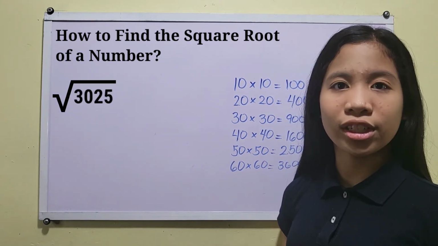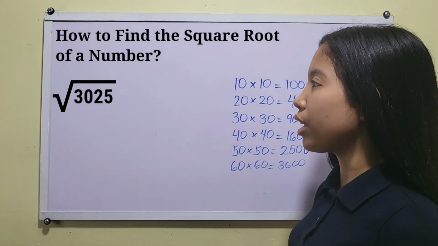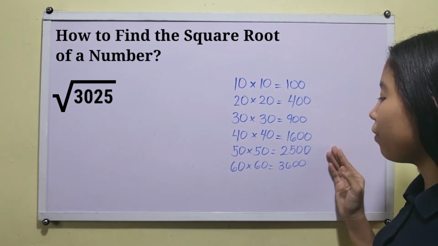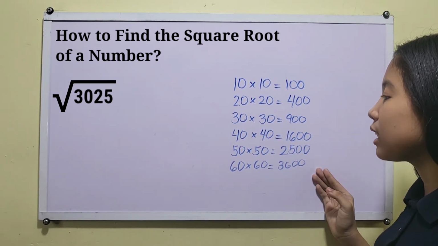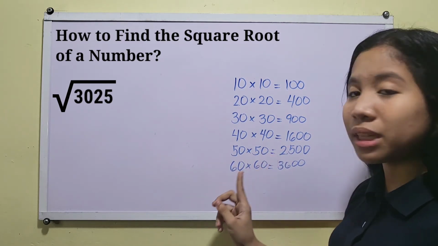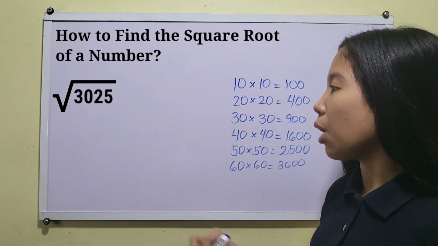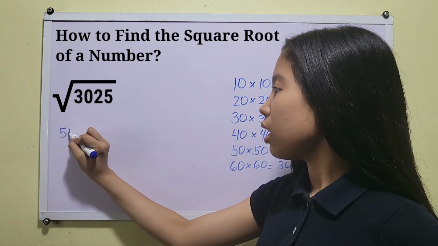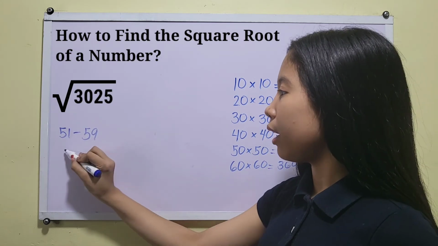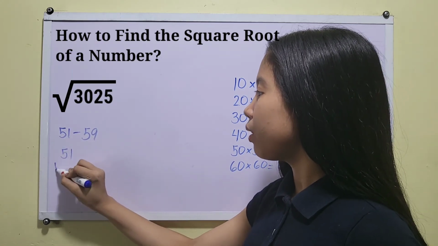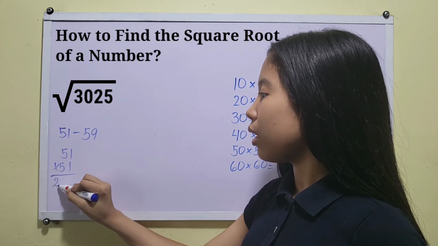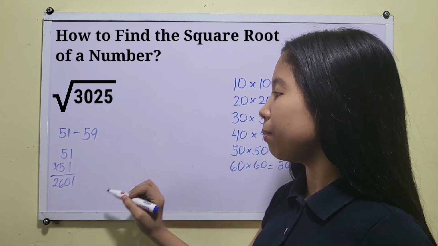Now, let us solve for the square root of 3025. 3025 is bigger than 2500 but smaller than 3600. So our square root is larger than 50 but smaller than 60. So our range would be 51 to 59. So let's start multiplying. 51 times 51 is 2601.